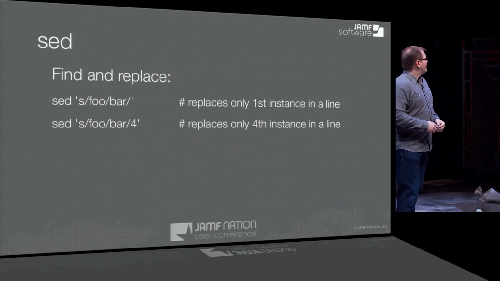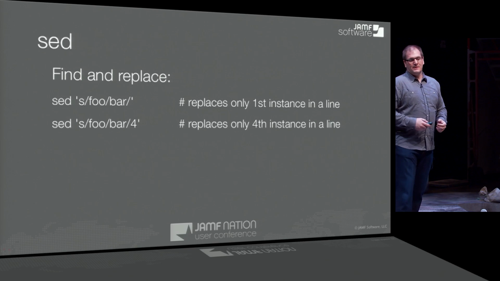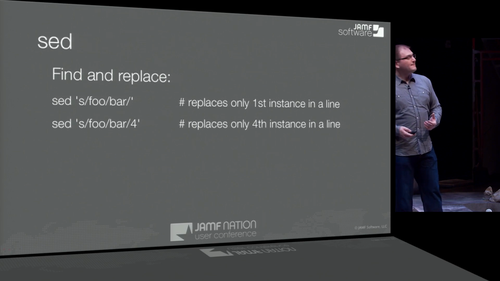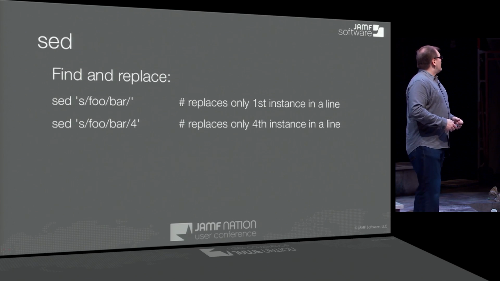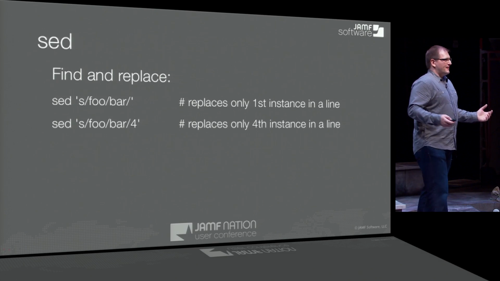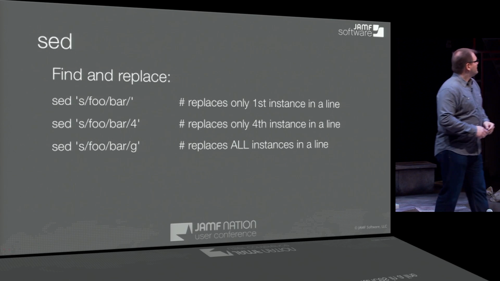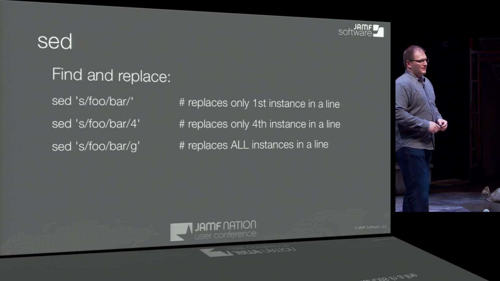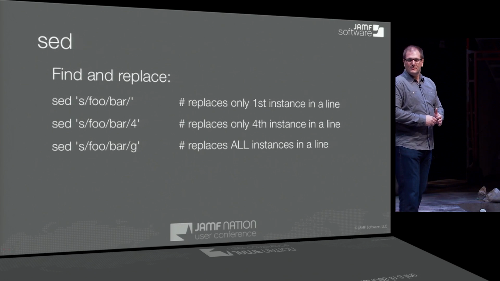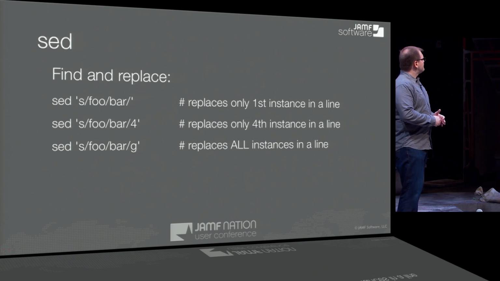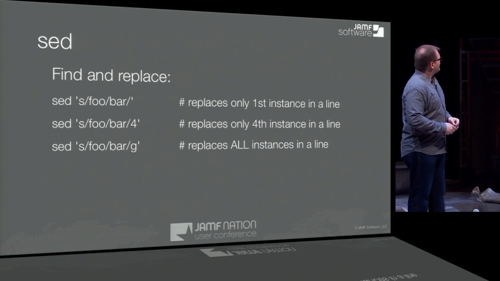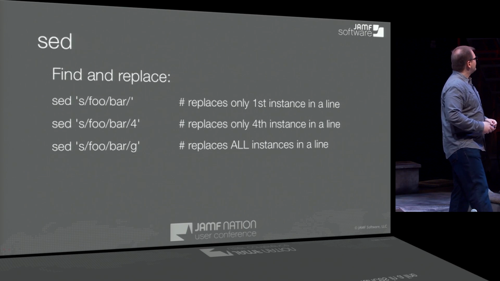So I can indicate which instance of foo I want to replace. Or maybe I want to replace all of them. Anytime I see foo, I'm going to replace it with bar. So that's going to use the g or global option. This is a good way to get your feet wet with sed.